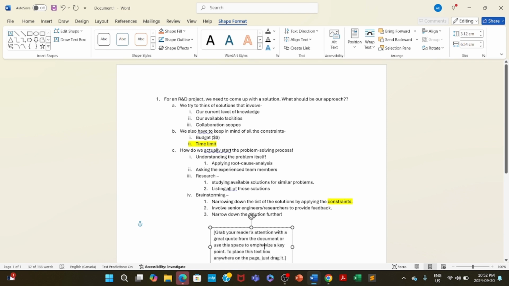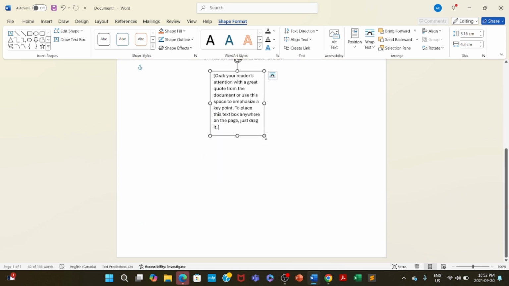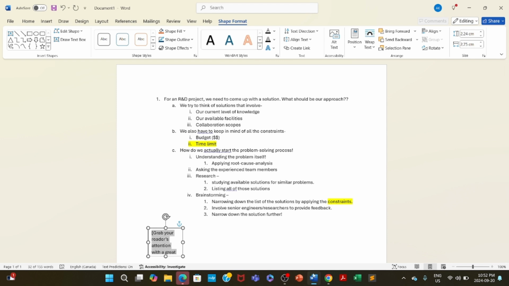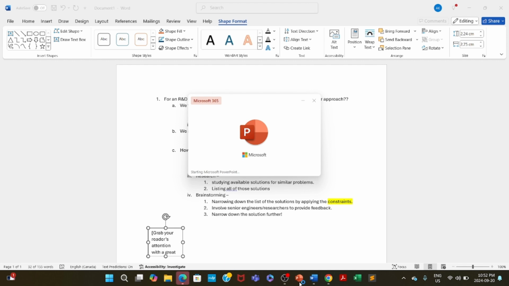Microsoft Word is not really good with flowcharts. For flowcharts, the best option is using Microsoft Visio, but you can also use PowerPoint. Let's do this. Let's open it in PowerPoint.